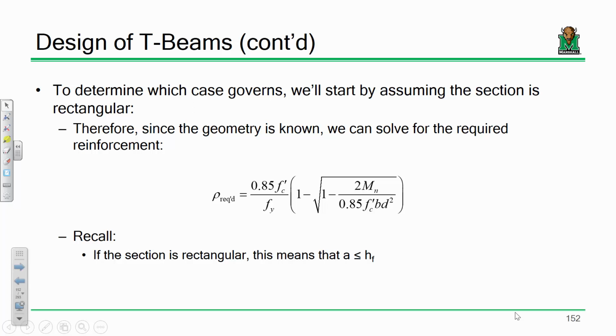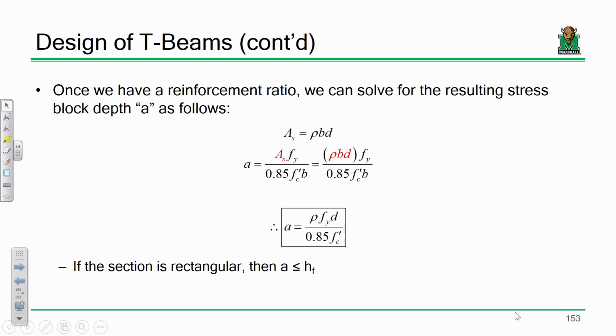Remember, what is rho? Rho is a reinforcement ratio. It tells us how much rebar is in the beam as a function of how much concrete is in the beam. So once we know rho, we sort of know how much steel we're putting in there. So we're going to compute rho, and then using that rho value, let's back calculate what a is.